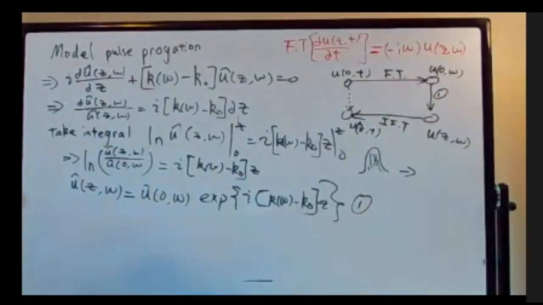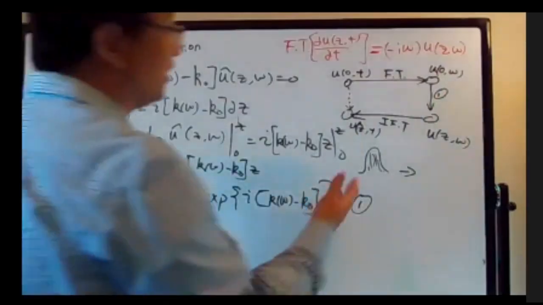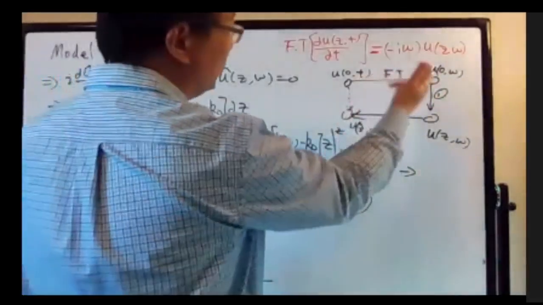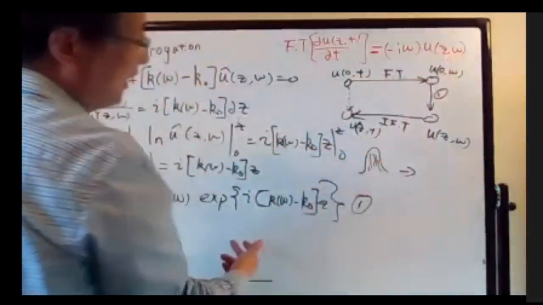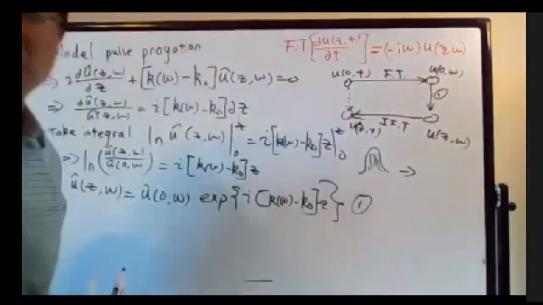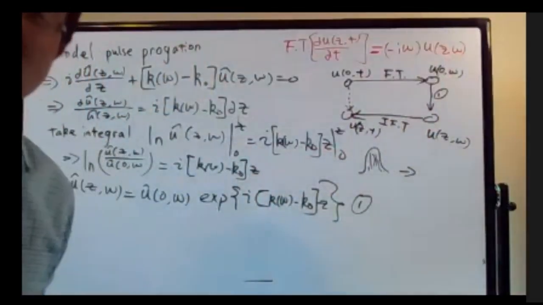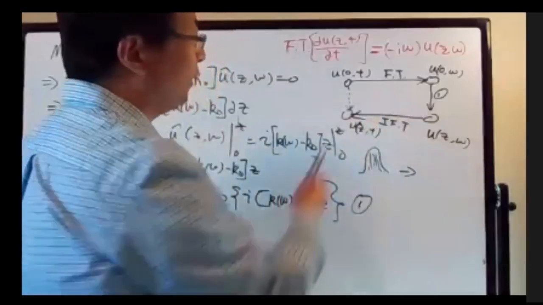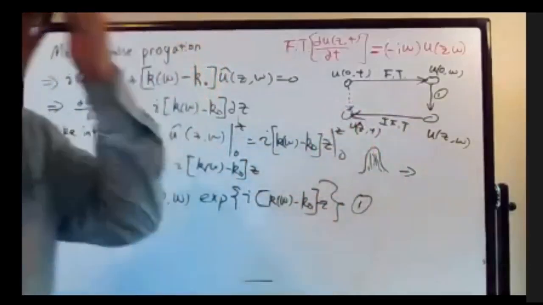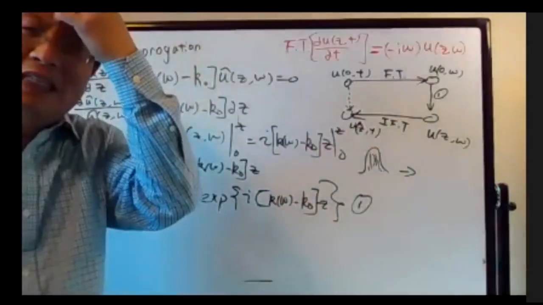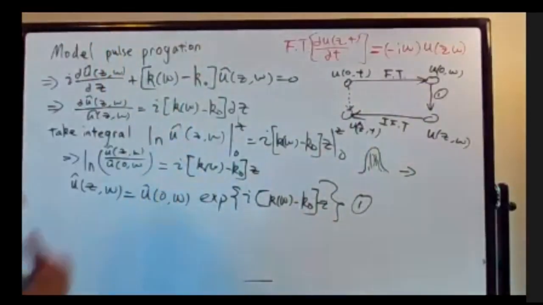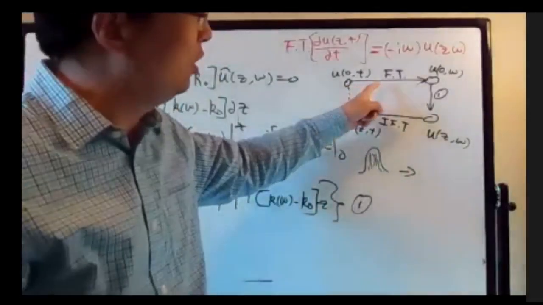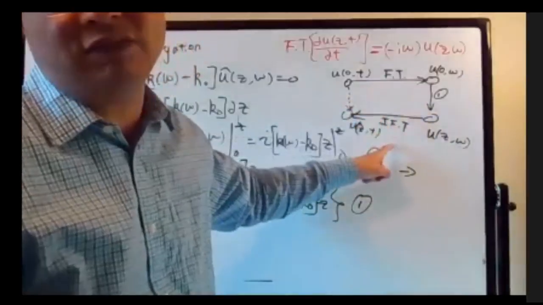Now you may ask, it's really complicated, right? I need to do a Fourier transform and then propagate, then I need to do an inverse Fourier transform. However, in MATLAB, both the Fourier transform and inverse Fourier transform are already written. It's a standard package, so we don't need to do all this ourselves.